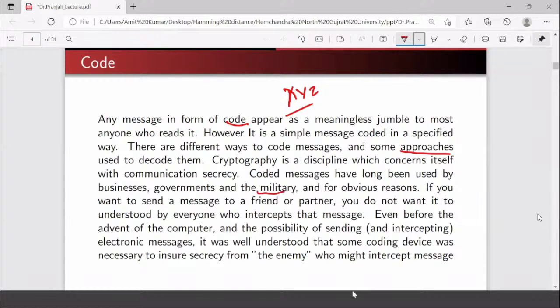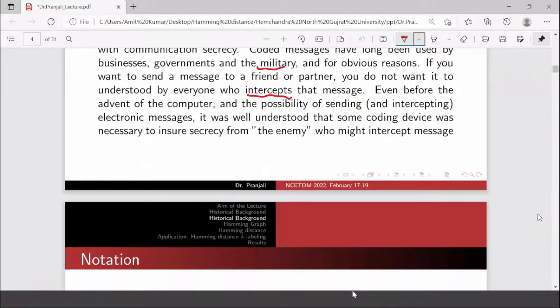If you want to send a message to your friend or partner and you don't want it to be understood by someone else, then you will send it in some coding way. So there will be some coding, and whoever wants to read this message will decode it. Even before the advent of computers, there were several ways to send messages by method of signal.